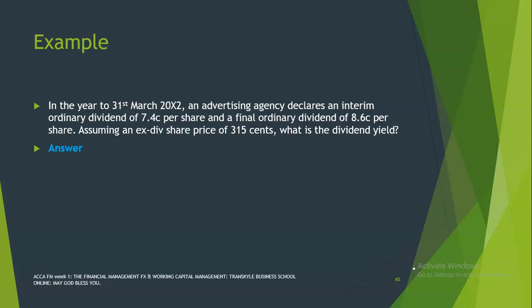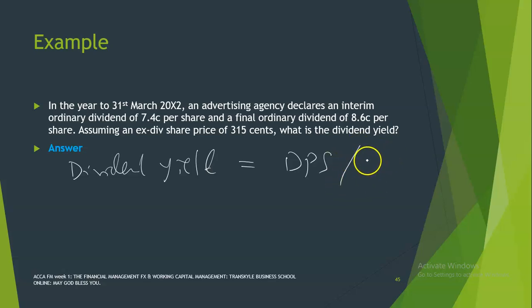And we have said that the dividend yield formula is: dividend yield is equal to dividend per share divided by the ex-div share price, or market price per share.